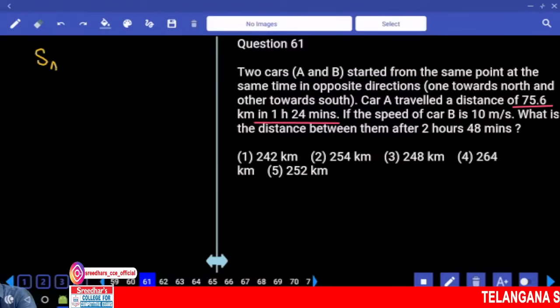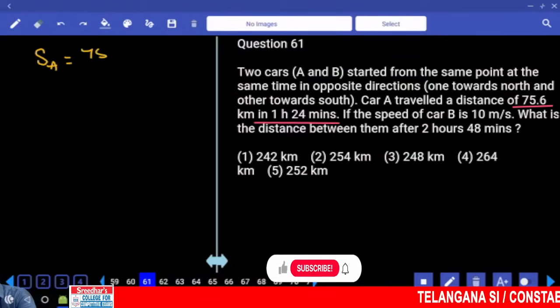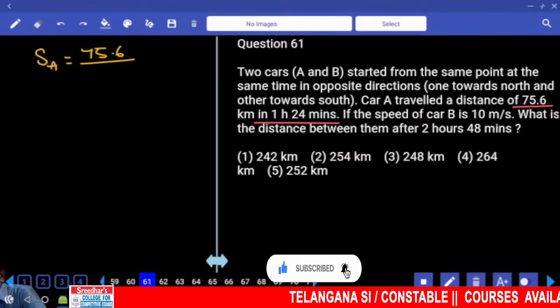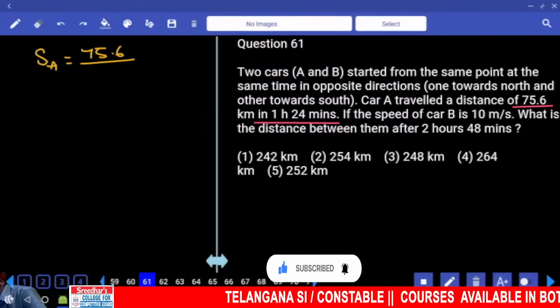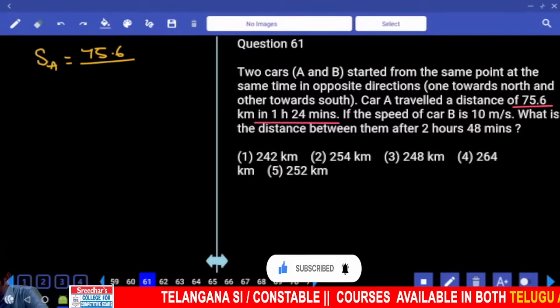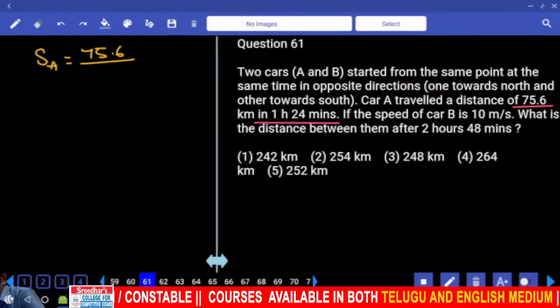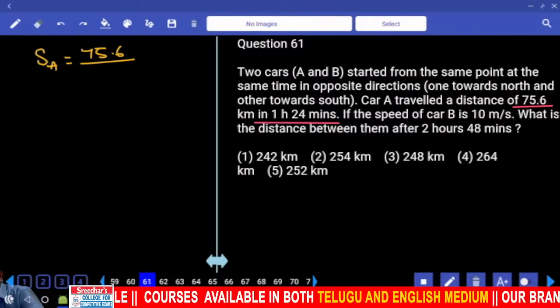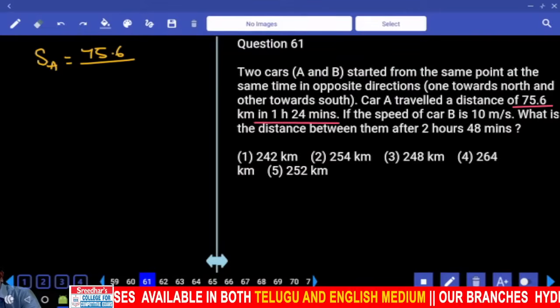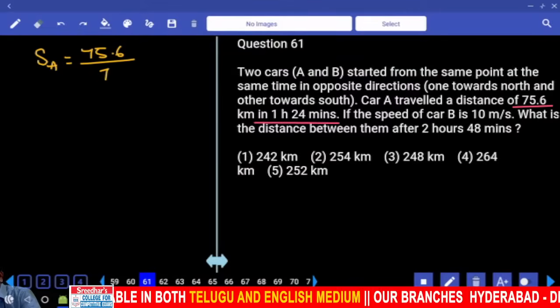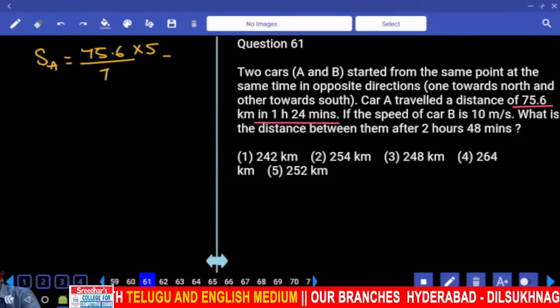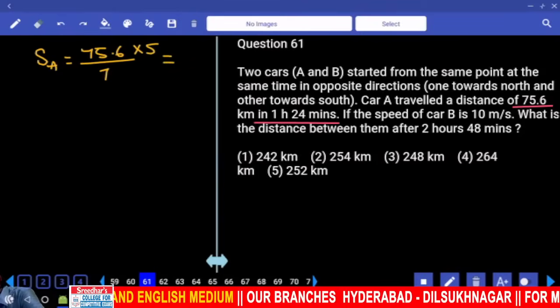Speed of car A is equal to distance covered divided by time. 1 hour 24 minutes: 24 minutes converted into hours is 24 by 60, 2 by 5. So 1 2 by 5, 7 by 5 comes to the numerator. If you calculate this, you will get the speed of A.